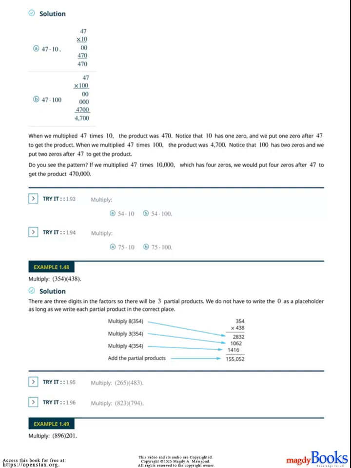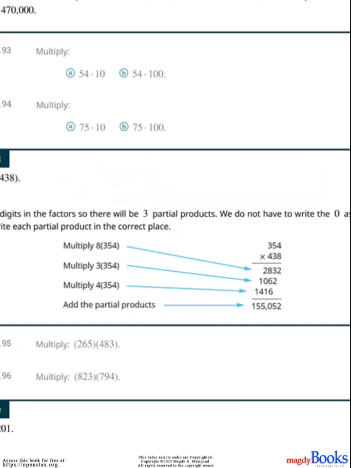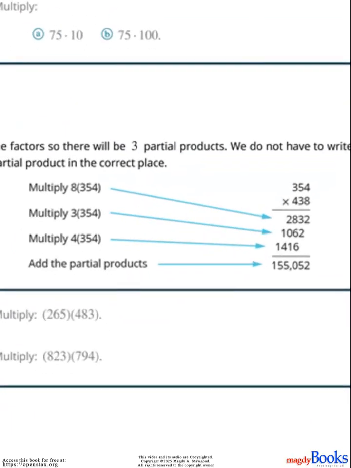Example 1.48. Multiply (354) multiplied by (438). Solution. There are three digits in the factors, so there will be three partial products. We do not have to write the zero as a placeholder as long as we write each partial product in the correct place. 354 multiplied by 438.